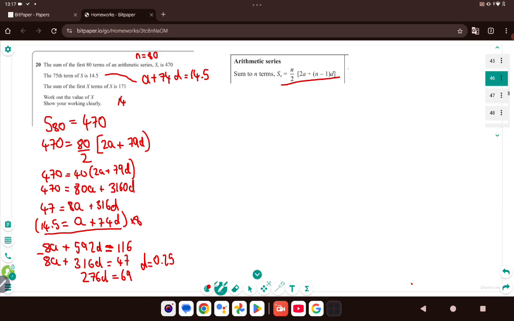So 14.5 equals a plus 74 times 0.25, which is 18.5. Subtract 18.5 from both sides. Okay, a is -4.